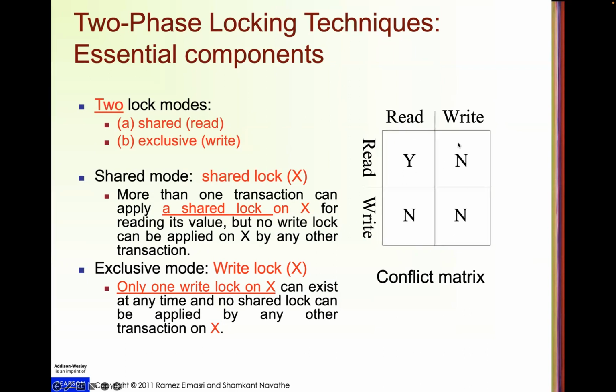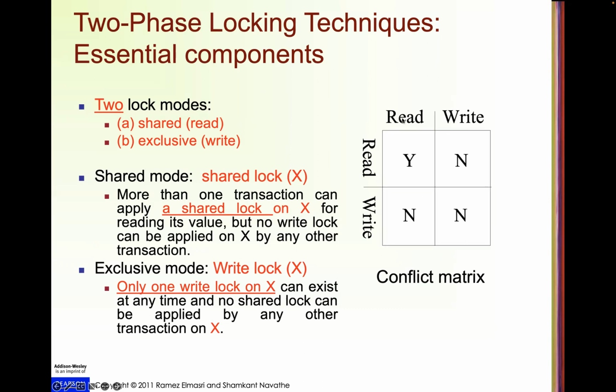A data item cannot be shared among more than one transaction when one transaction is trying to read and another transaction is trying to write. Similarly, if the first transaction wants to read and another wants to write, we cannot share a lock. And similarly for writing, if two transactions are trying to write on a data item X, we cannot share the lock. This all creates conflict, right?